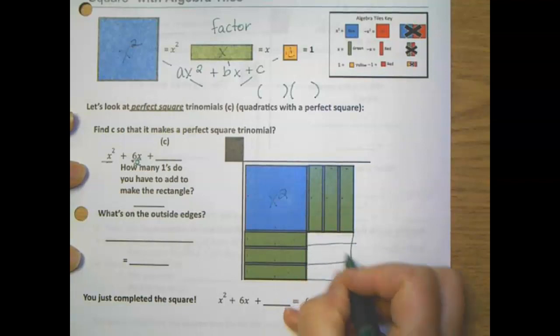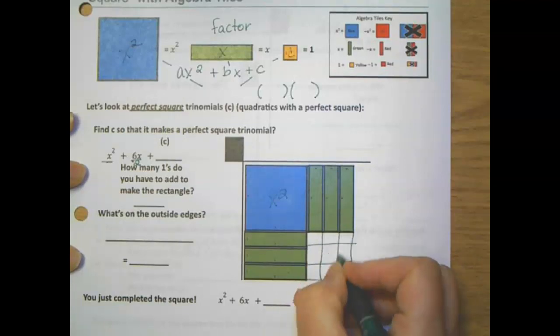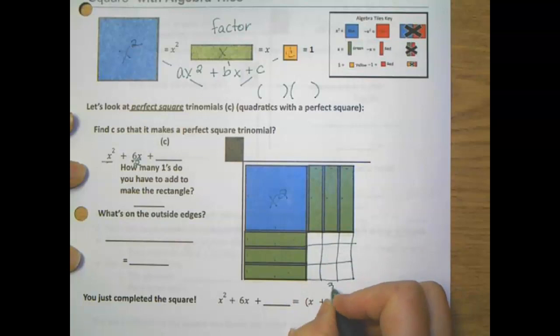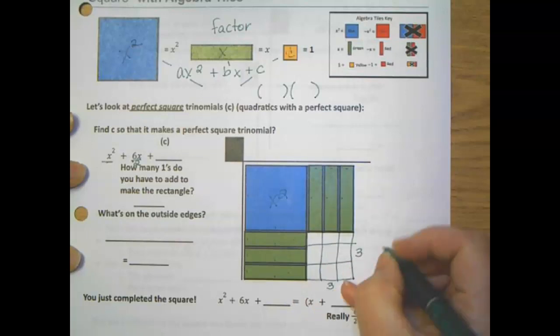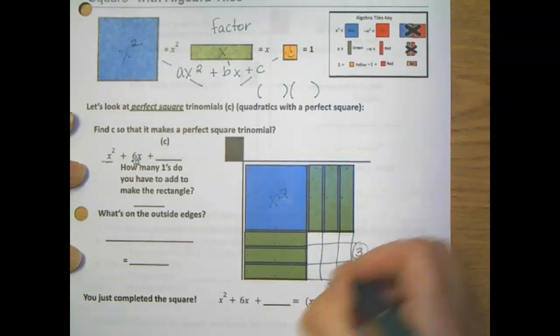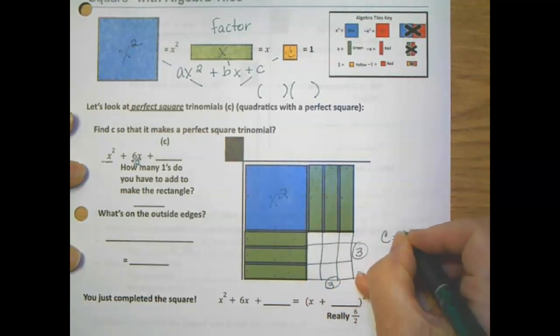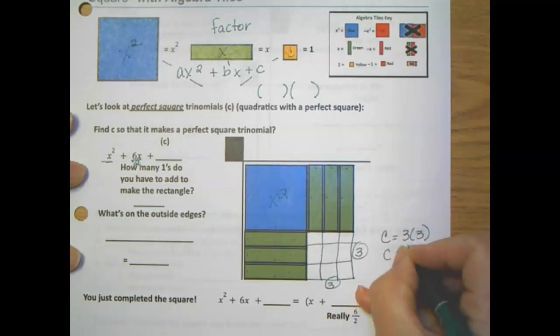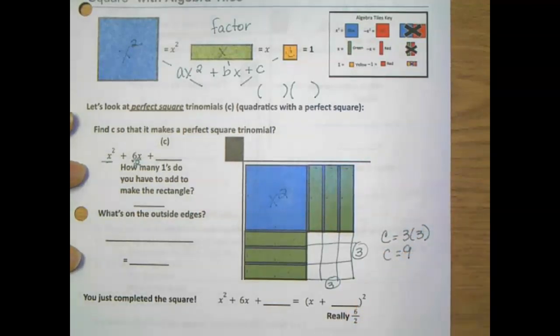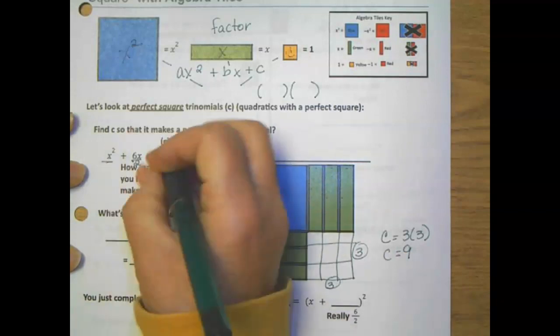And then when I do this, you can easily see that it is 3 by 3. These are important numbers, so we're going to get to that in a minute. So our c is equal to the 3 times your 3, or 9. So you're trying to find this missing area there.